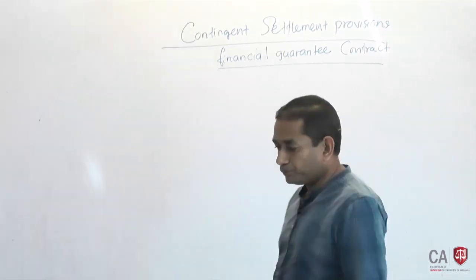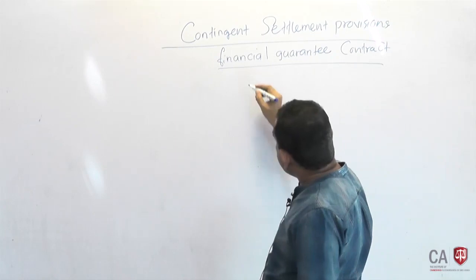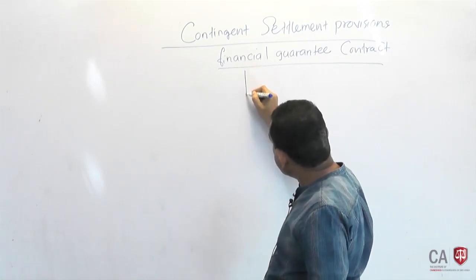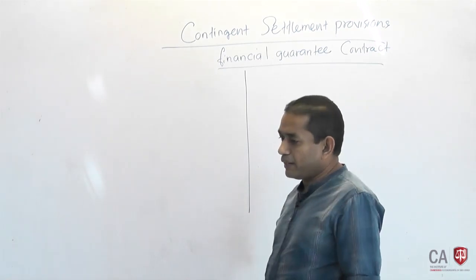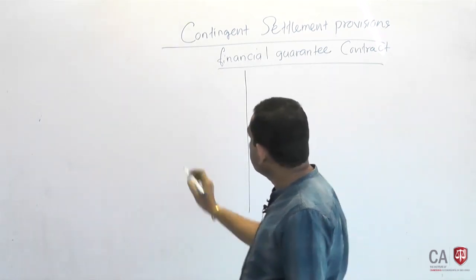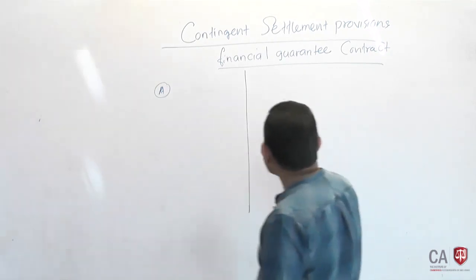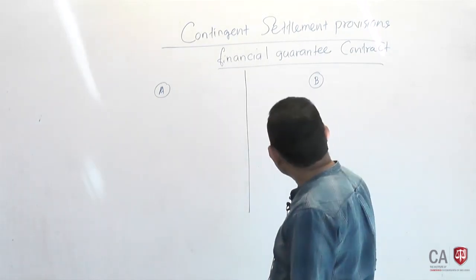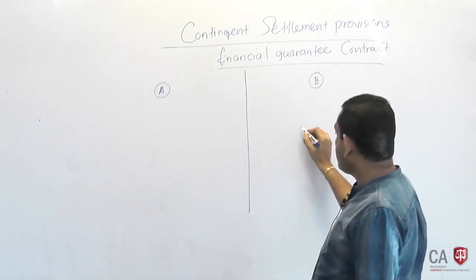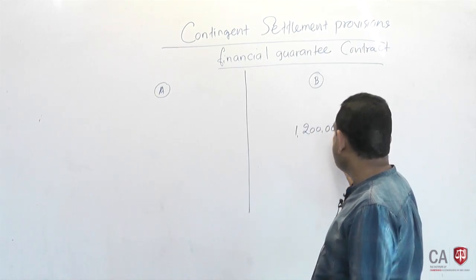Now, how does a financial guarantee contract operate? Let me come to the discussion straight. Company A and Company B. Company B wanted a loan, 1.2 million.